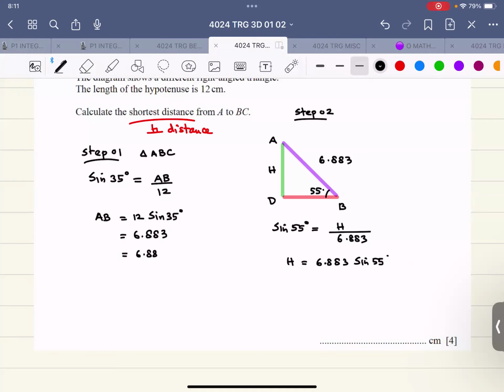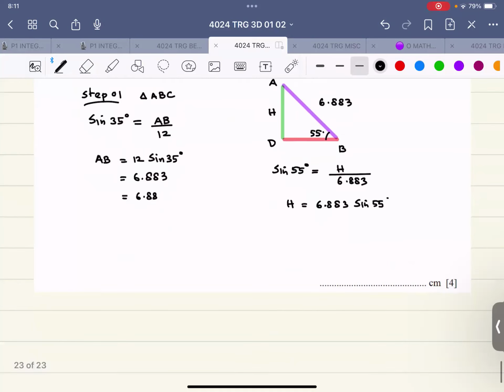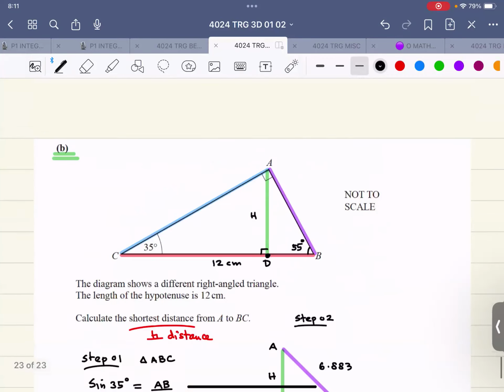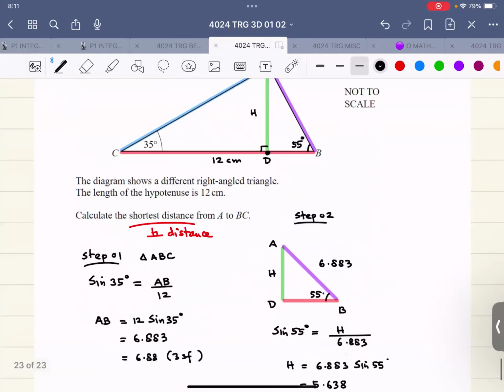So 55 sine multiplied by 6.883 comes out to be 5.638, which can be written as 5.64, correct to 3 significant figures. This is also 3 significant figures because that's the official requirement. So that's the shortest distance.